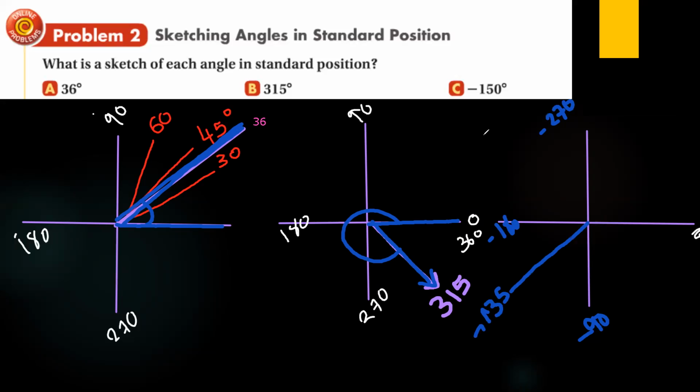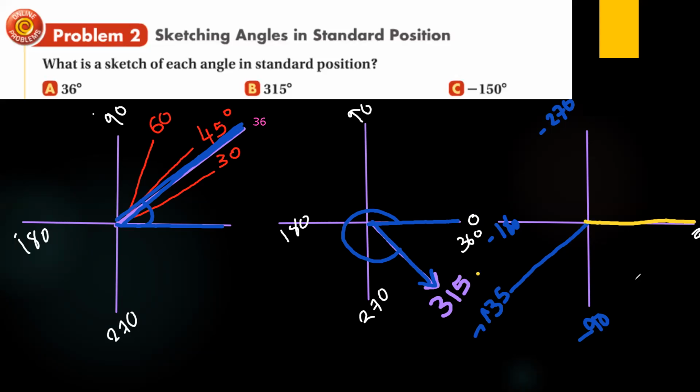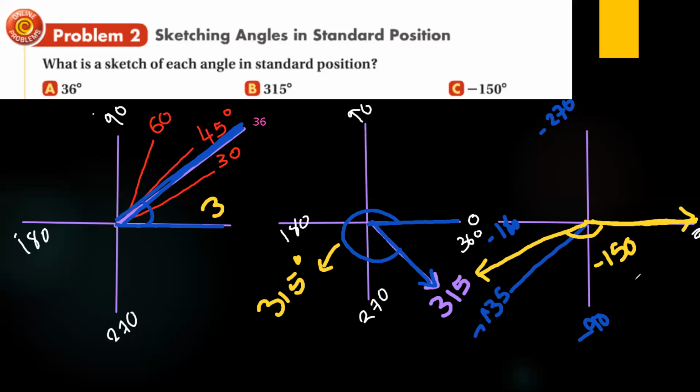So when I draw it, I start here. Negative 150 is supposed to be greater than negative 135. So this angle will be here. This is negative 150. This is here in 315. And this is here 36.